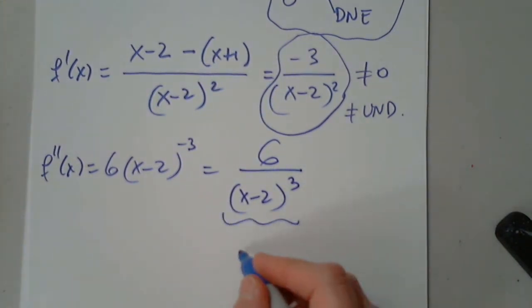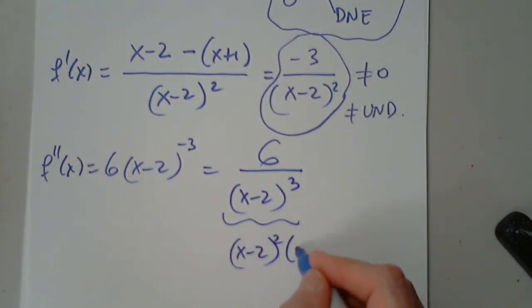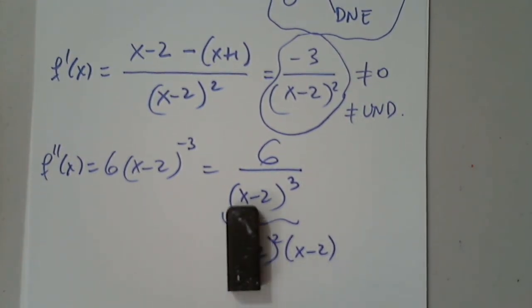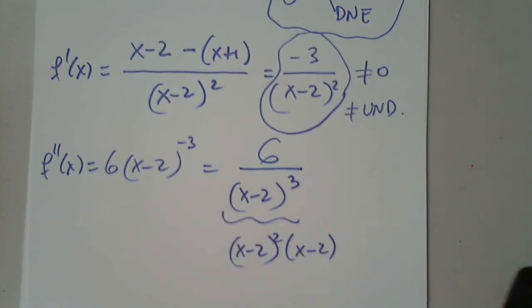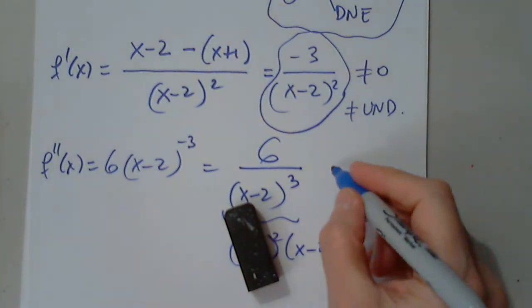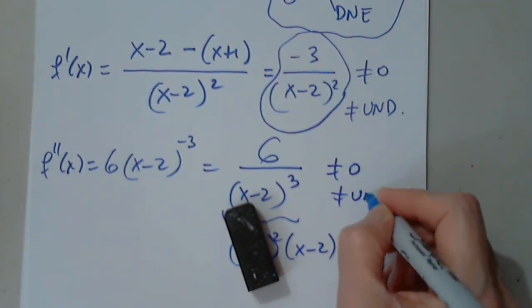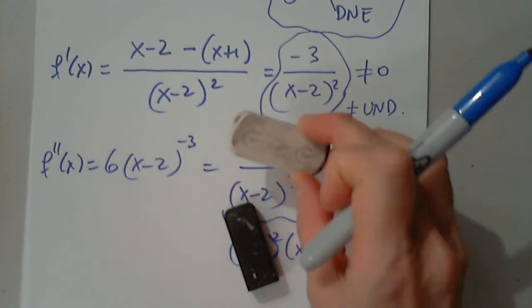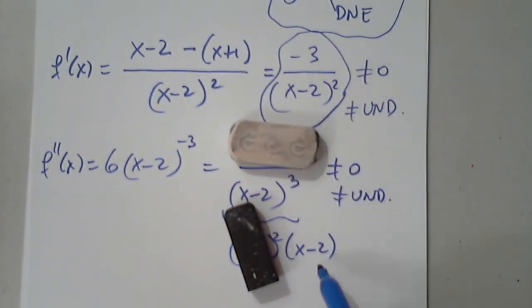I will write it like this, because I know that this is never going to hurt anyone. It's always positive. Again, never 0, never undefined where the function is defined. I need the sign. I'm not going to waste my time with this, and I'm not going to waste my time with this. But this gives the sign.